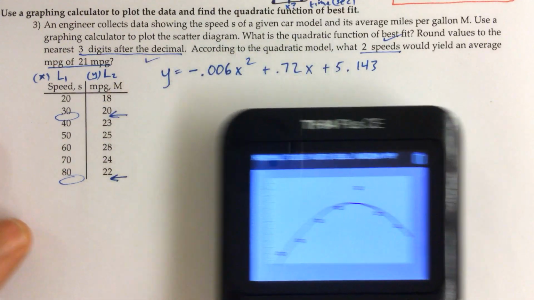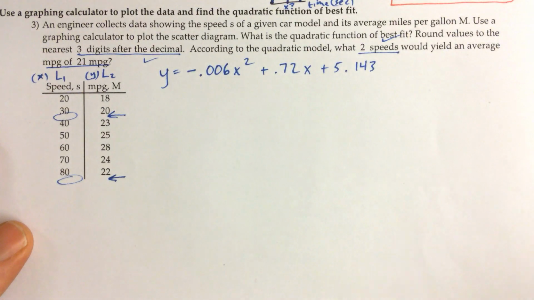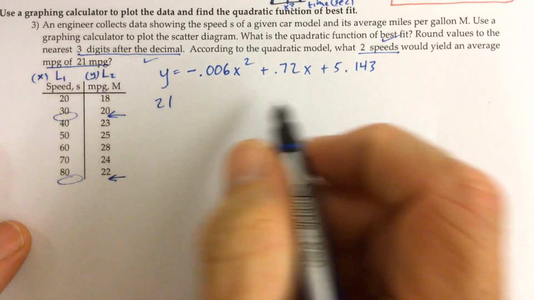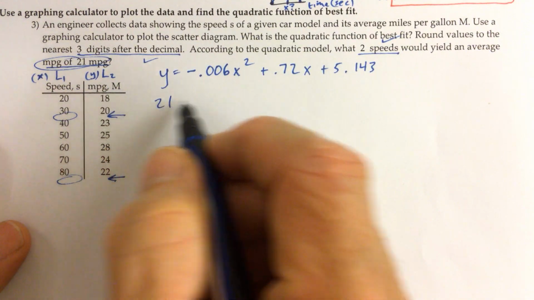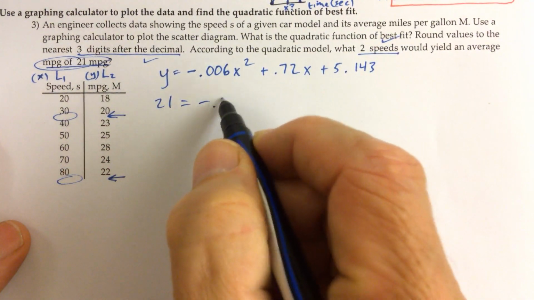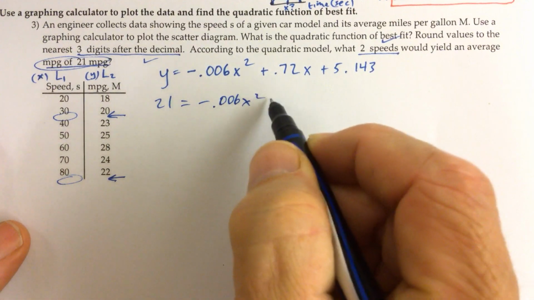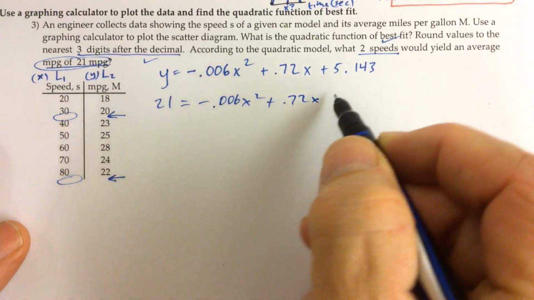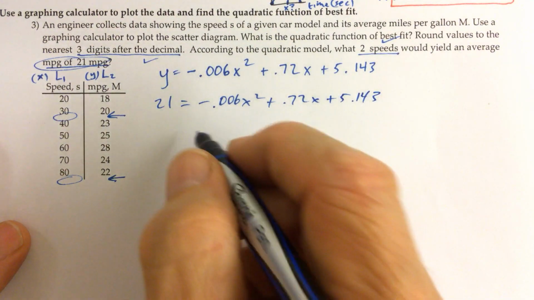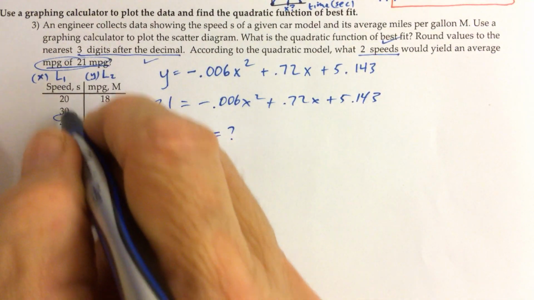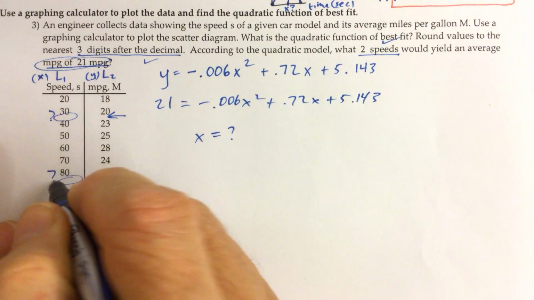But what we're trying to find here is we're actually trying to solve this equation, that average miles per gallon of 21, that's our y value. And when we solve this equation, we're not plugging in anything for x. We're trying to find out x equals what, because we don't know what that speed is.